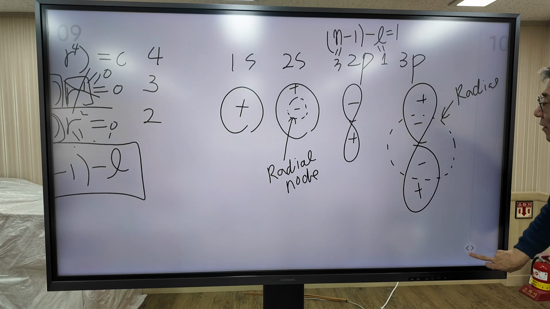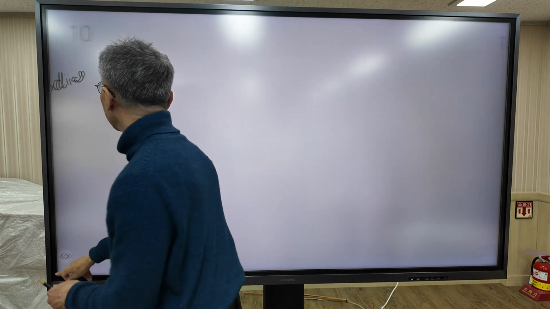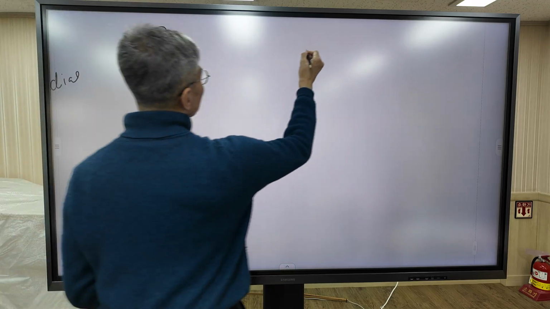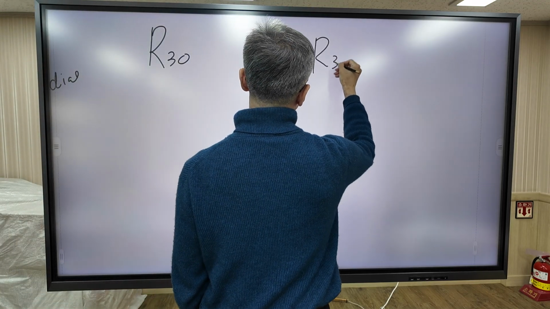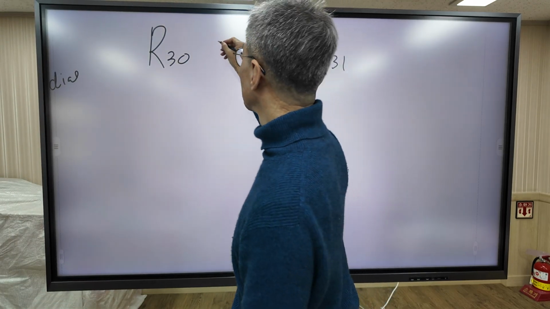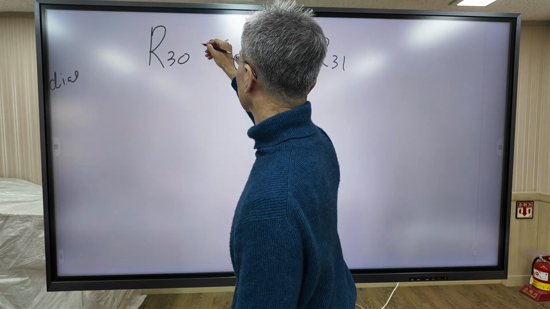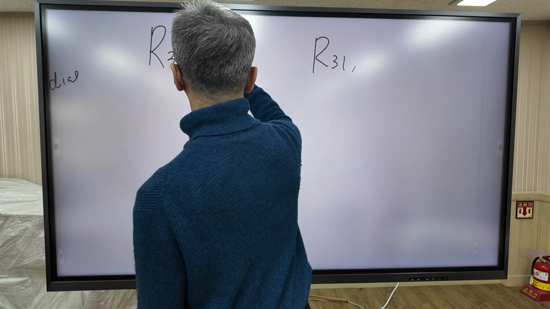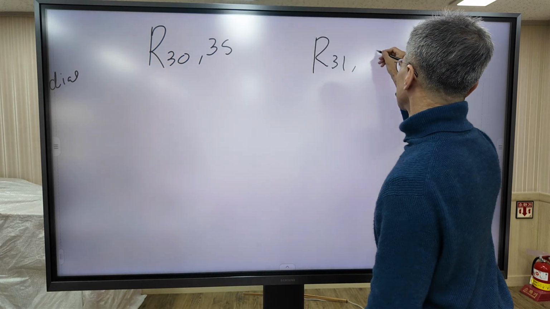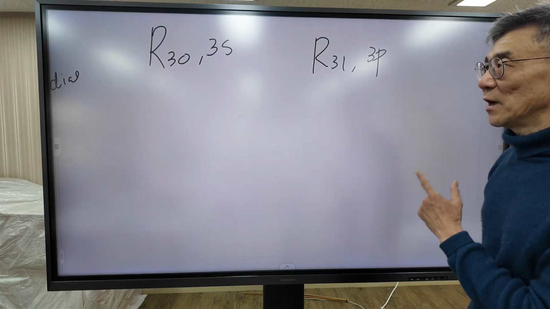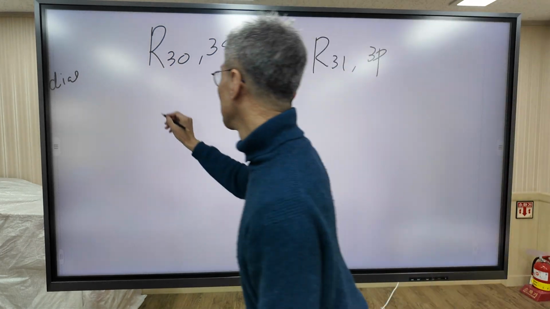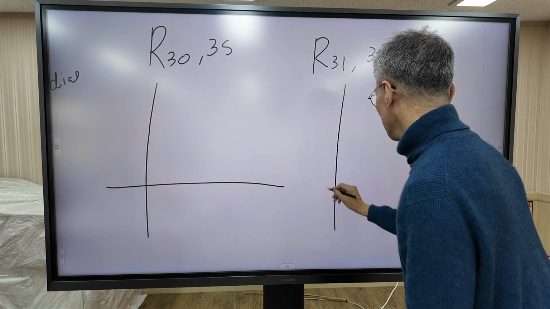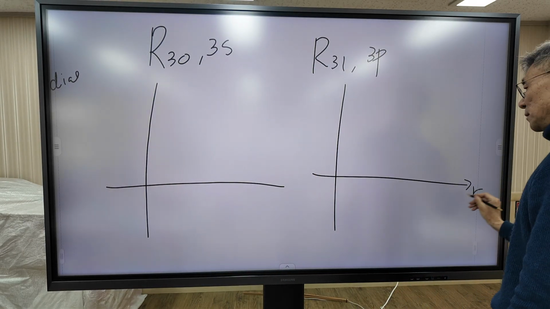And I'm going to compare the radial distribution function, R20, R30, R31. This orbital is 2s orbital. This orbital is 3s orbital, 3p orbital. I am going to draw the radial function for 2s, 3s, and 3p.